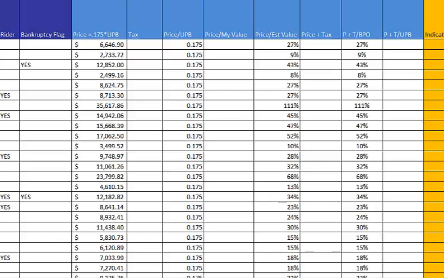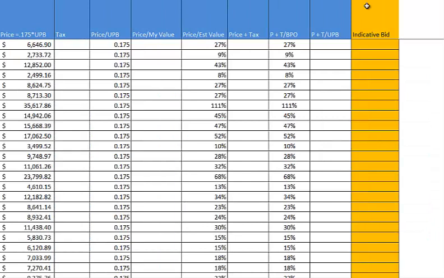And then the very last column we have is our indicative bid. So after we have done the sorting that I'm going to show you here in a second in all this analysis, then we can go ahead and we can put in a price of what we think it would be worth for us, and then we can see whether the seller is amenable to that, agreeable to that, and that will be the very last step, of course, after we've done all of our due diligence.